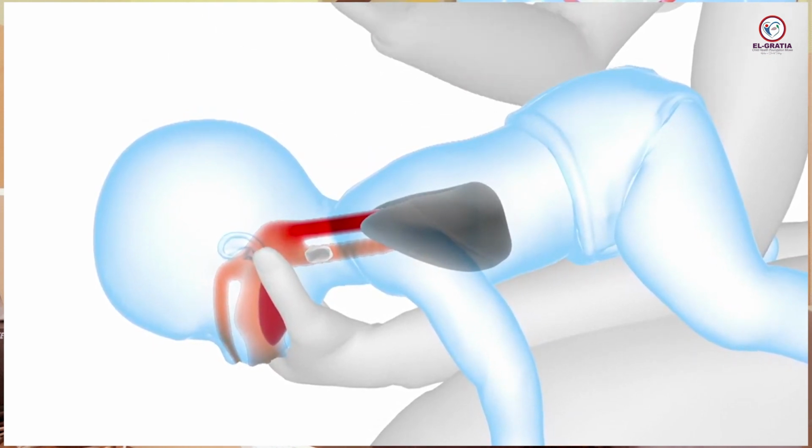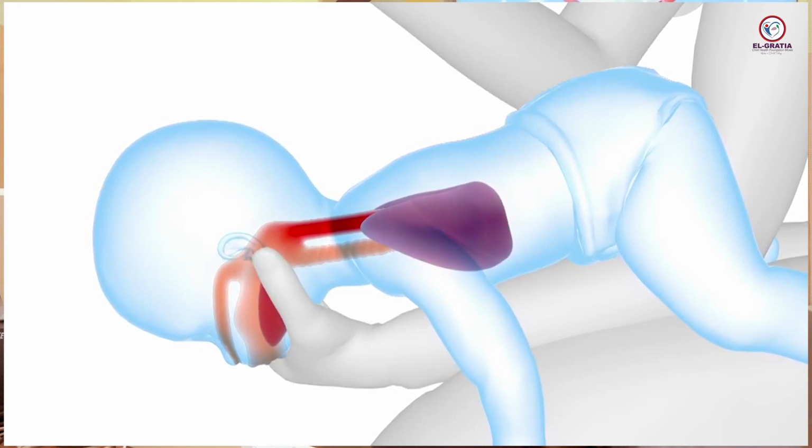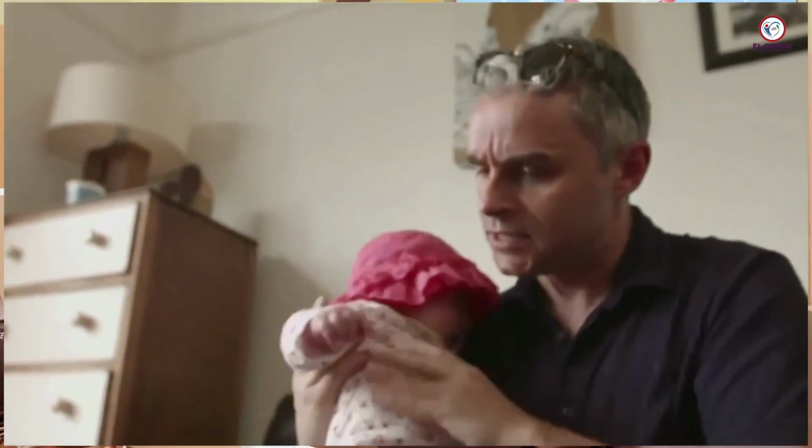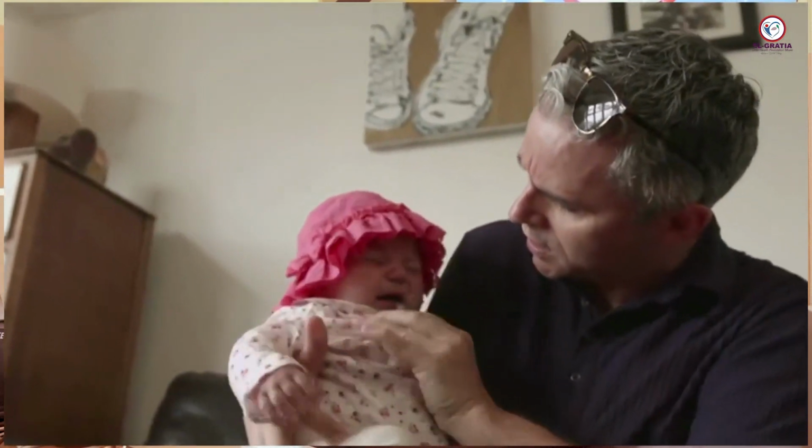So you are holding the child, your hand is steady, the mouth is slightly open, then you go 1, 2, 3, 4, 5. You flip the child over to see whether the object has come forward.